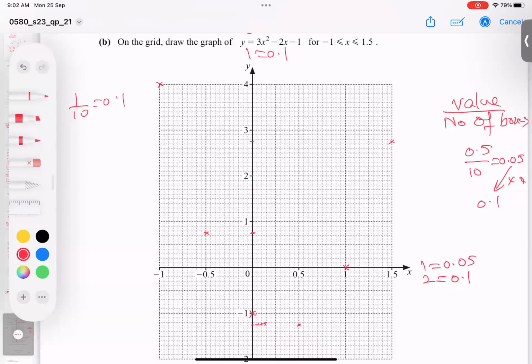Now just draw a curve. Bismillah ar-Rahman ar-Rahim. This is not easy to make, because I'm making it with my pencil.